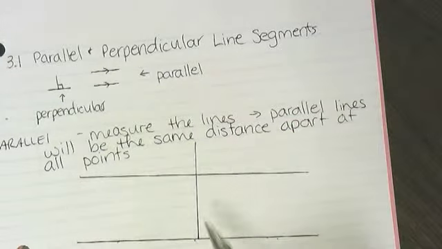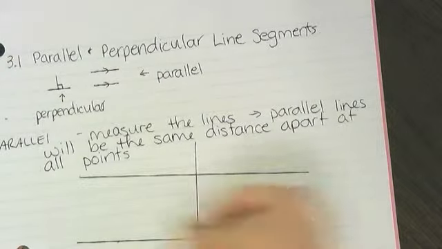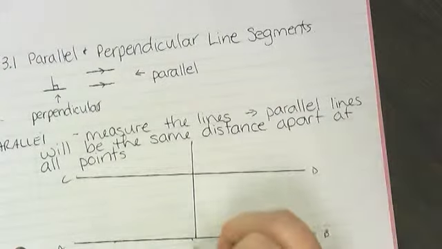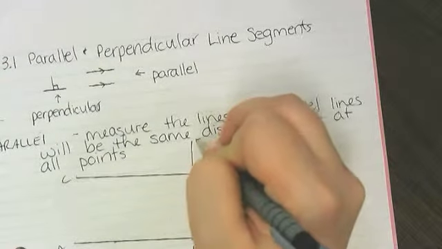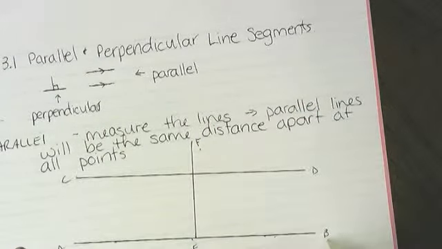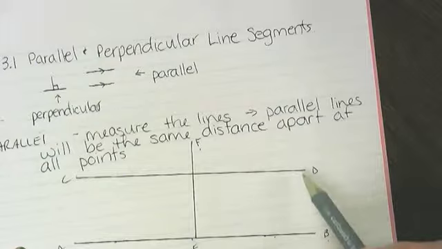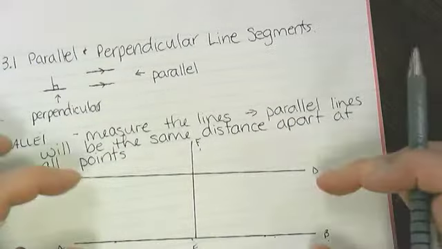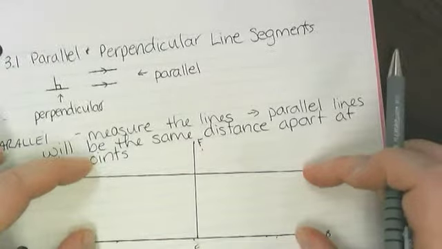Here's a question for you. Forget the bisector part, but if we're going to call these A, B, C, D, E, F: if line EF is perpendicular to line AB, is it perpendicular to line CD? Yes, it is. Why? These two lines are the exact same line.